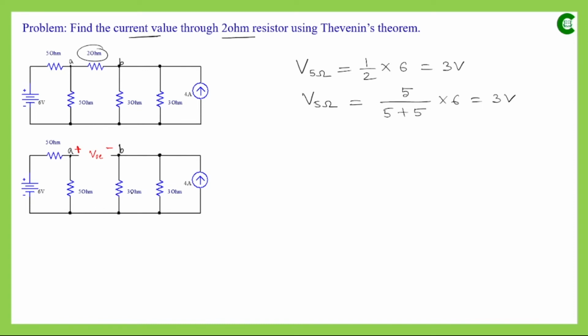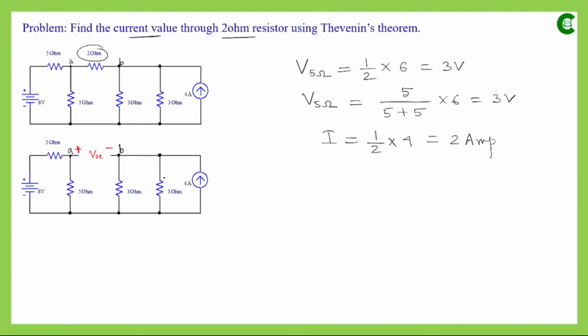So half of the current of this current source will be flowing through this 3 ohm resistor. So the current through this resistor will be simply half of the main current of this current source. So it will be 2 ampere, as both the resistors have the same value.